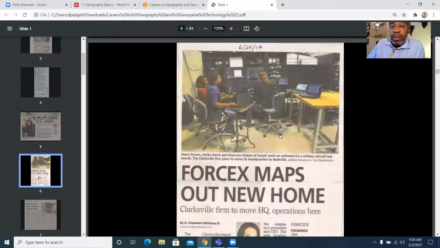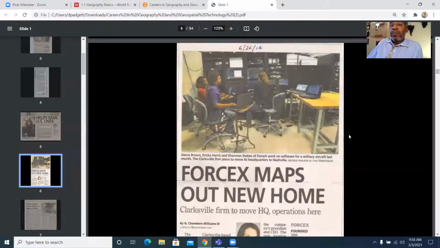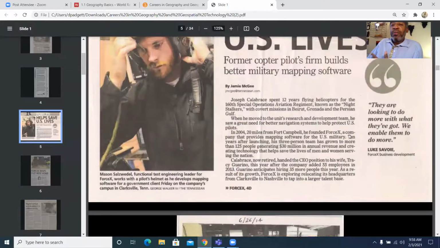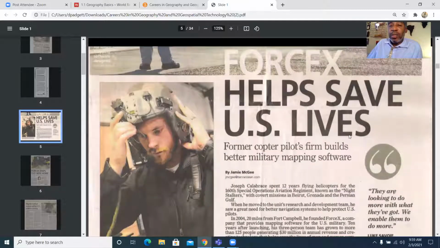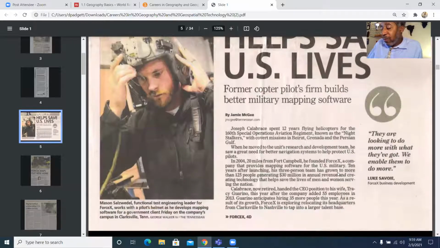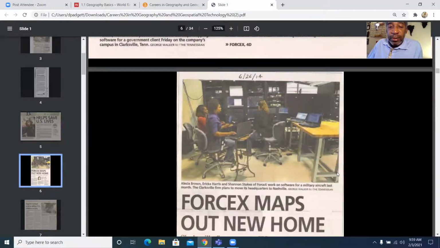I'm pretty sure this company has now surpassed the $1 billion valuation level, just illustrating how lucrative some aspects of geography are today. So we're not just naming states and naming capitals. This is what geography is now. It's a very high-tech field that cuts across various aspects of engineering and computer science.